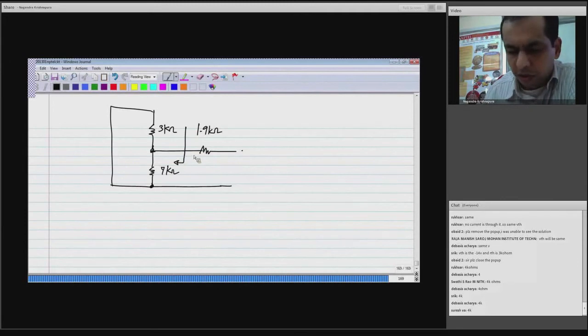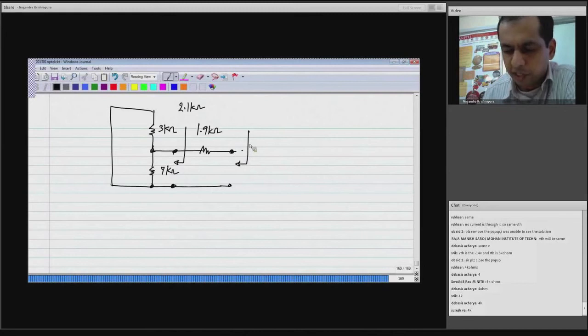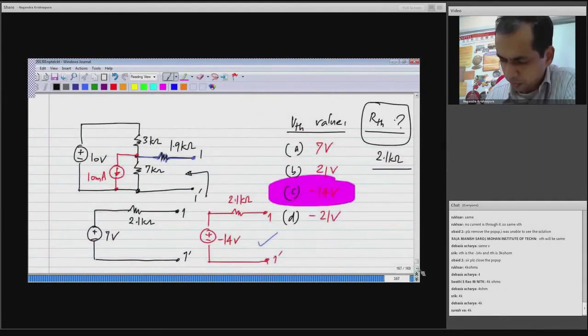So we know that looking here between these terminals we had 2.1 kilo ohms, and this 1.9 kilo ohm is simply in series with that. So looking this way it is 4 kilo ohm, that is 2.1 plus 1.9, okay. So the equivalent circuit for this including that would be minus 14 volts and 4 kilo ohms, okay.